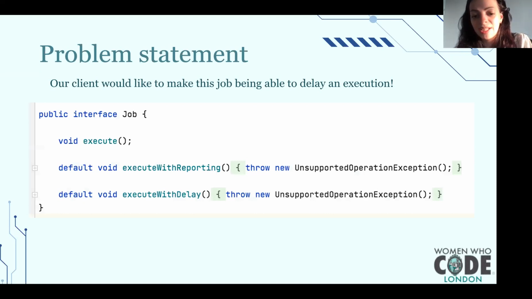So any other job class would create execute with reporting and throw an exception like unsupported exception: I do not support this method. But Java 8 allows us to do it in the interface, which means that we can make our interfaces more flexible.